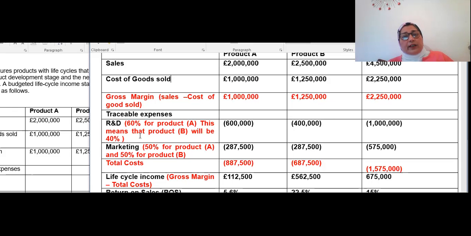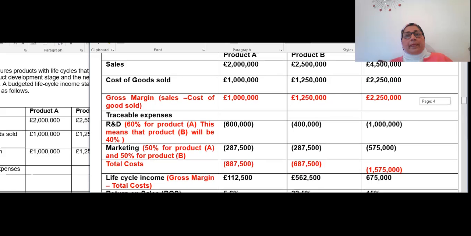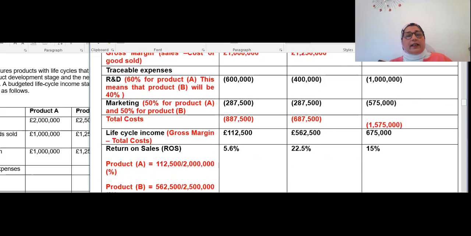The same for product B, the life cycle income will be 562.5, and the total is 675, right? Return on sales. How we calculate the return on sales is the life cycle income divided by sales, even from its name, ROS, return on sales.